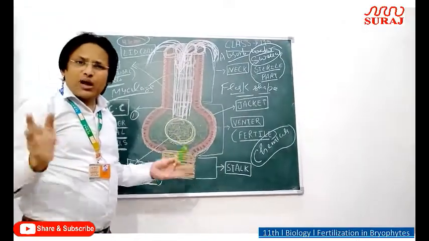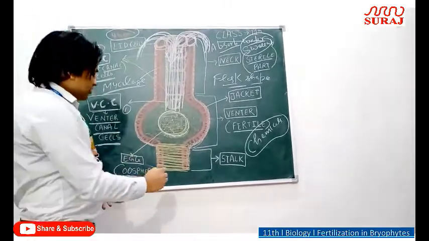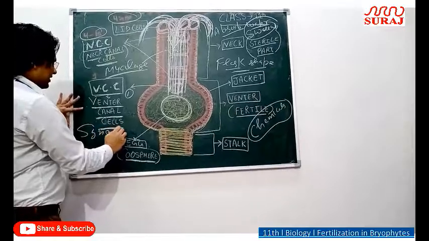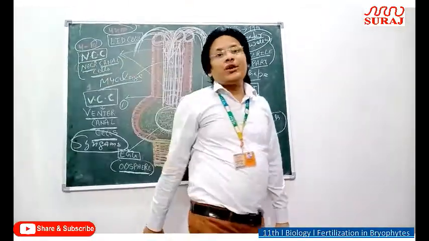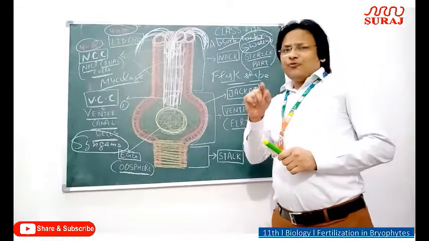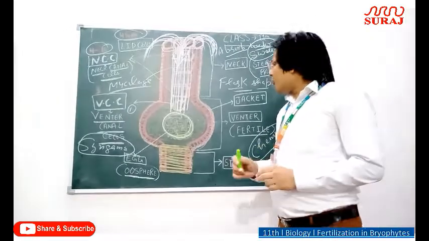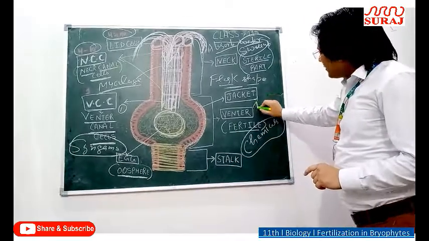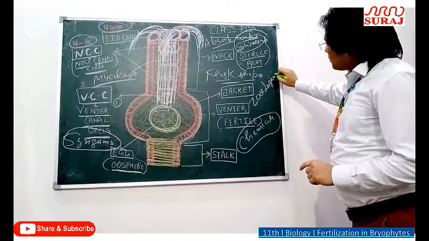When the egg and sperm meet, fertilization takes place. This process is called syngamy. You know very well about syngamy. The fertilization is called syngamy, and water is essential for fertilization. In plants, when water is required for fertilization, such a method is known as, a very important question, zooidogamy.